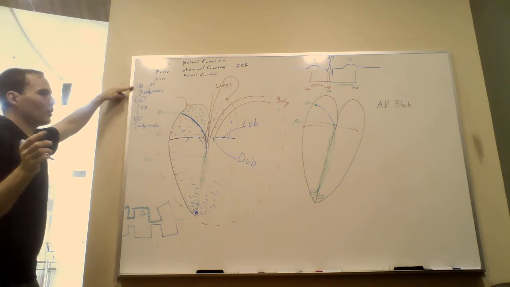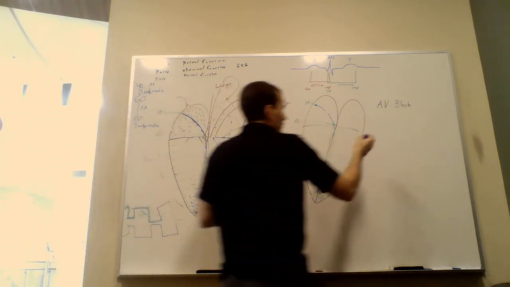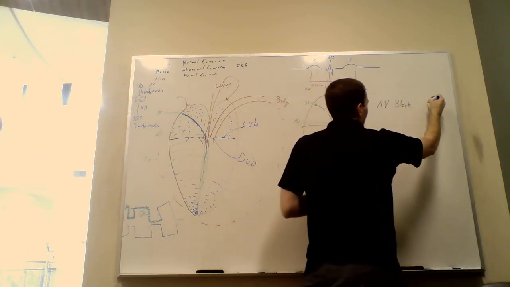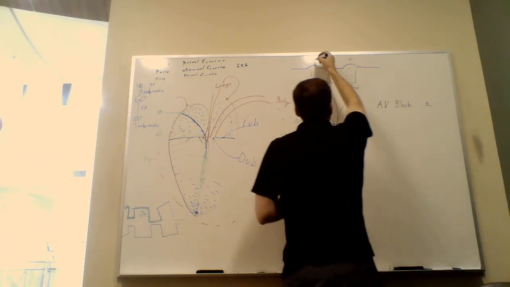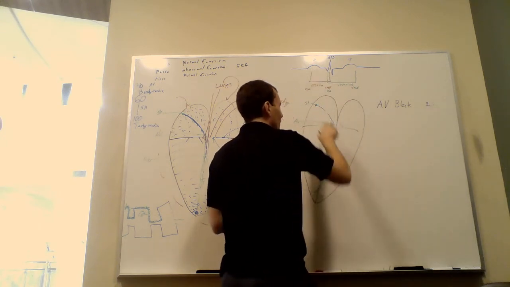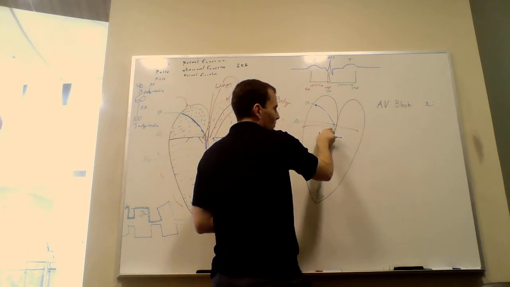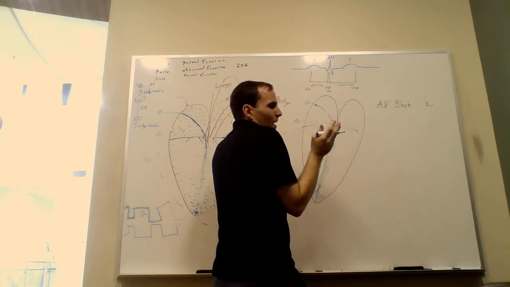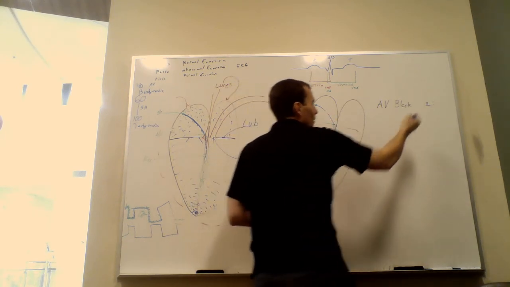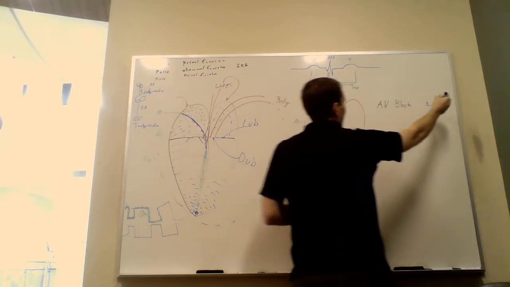And once it's waited long enough, then it'll fire off on its own. What this looks like then is we have P waves, which are the atria firing, going off roughly twice as often as the much slower AV pacemaker, who is not hearing any message, so he's doing it at his own pace. And so you have 2 P waves for every 1 QRS.